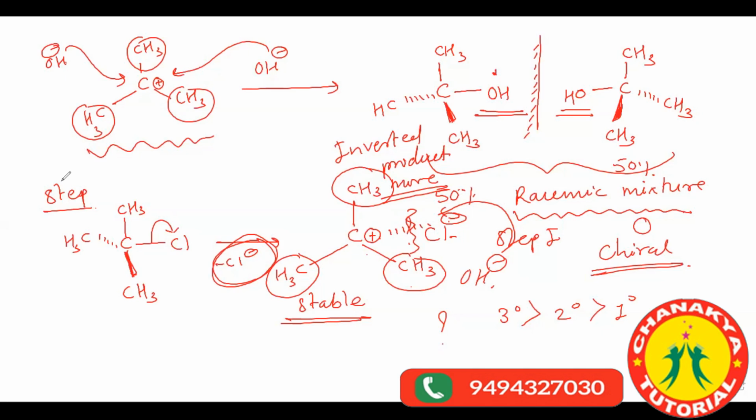Okay. Let me erase it. The question would be: in the following pairs of halogen compounds, which would undergo the SN2 reaction faster?